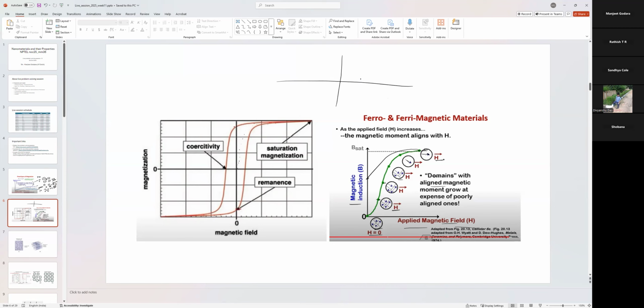You apply some magnetic field, it saturates. Now you remove the magnetic field, it doesn't go down to zero. Then again it saturates in the opposite direction.